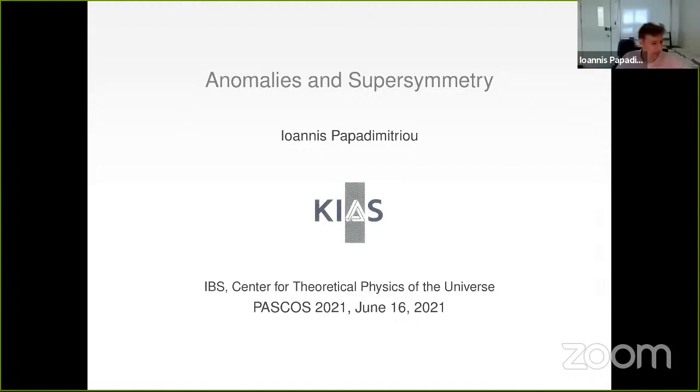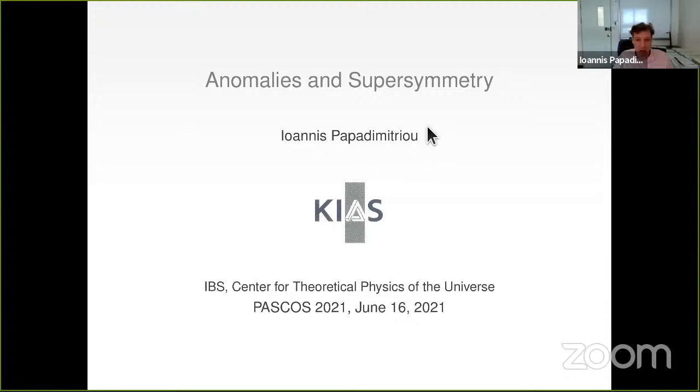Yes. Okay, so then the next speaker is Ioannis Papadimitriou from KIAS, and he will talk about anomalies and supersymmetries. Okay, thank you, Sung, and also the organizers for the invitation to present this work here.